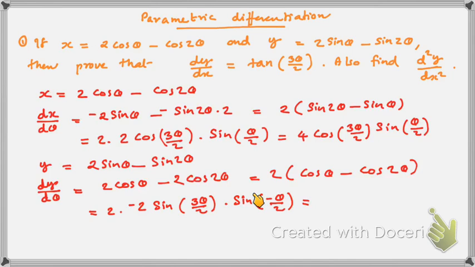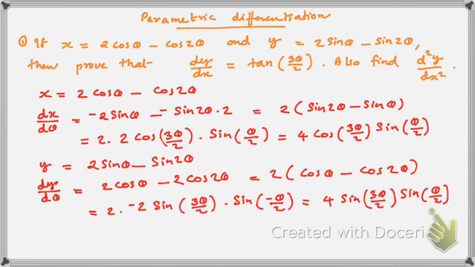Now we have another result, sin of minus theta is minus sin theta. So this term is going to become minus sin theta by 2. And there is already a minus sign there, so double minus will become plus. So you have 2 2's are 4 sin 3 theta by 2 into sin theta by 2.